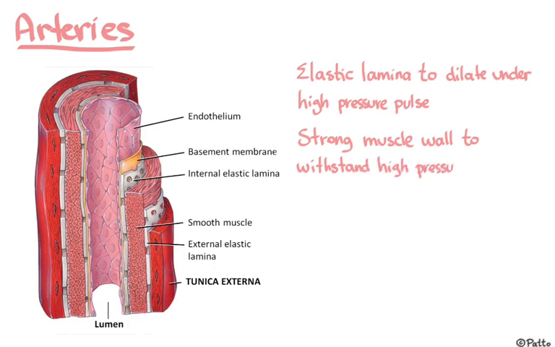The artery walls are very thick in relation to equivalent vein walls because they have a lot of muscle to withstand high blood pressure, and it can also regulate blood pressure a little bit. They can contract, they can dilate, so they can change a little bit the flow of blood in them.